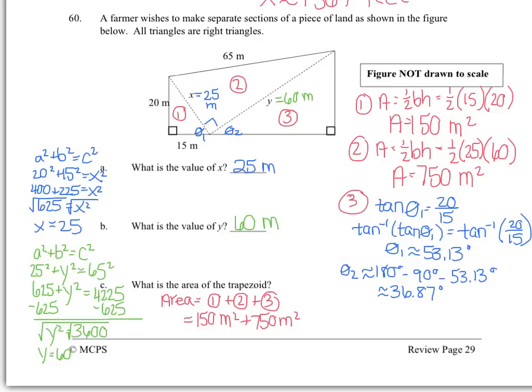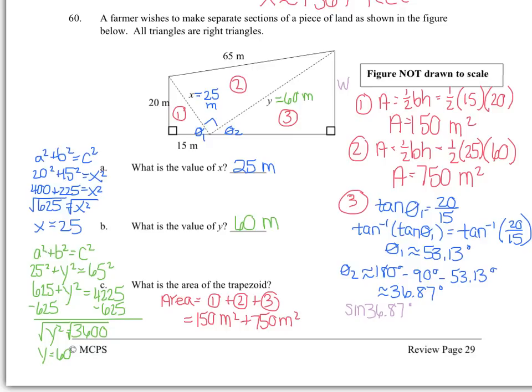I'll use a different color here. Let's start with this side. Let's call it W. I'm going to take the sine of theta 2, which is 36.87 degrees. So obviously this is rounded. It's not going to be exact, but it's going to be pretty close.